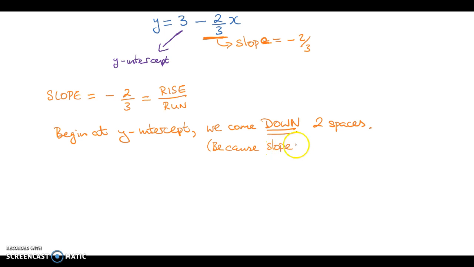I know it says rise, but if the slope is negative, we come down instead of going up. Now, the run means the number of spaces that we move to the right. We'll then move 3 spaces to the right.